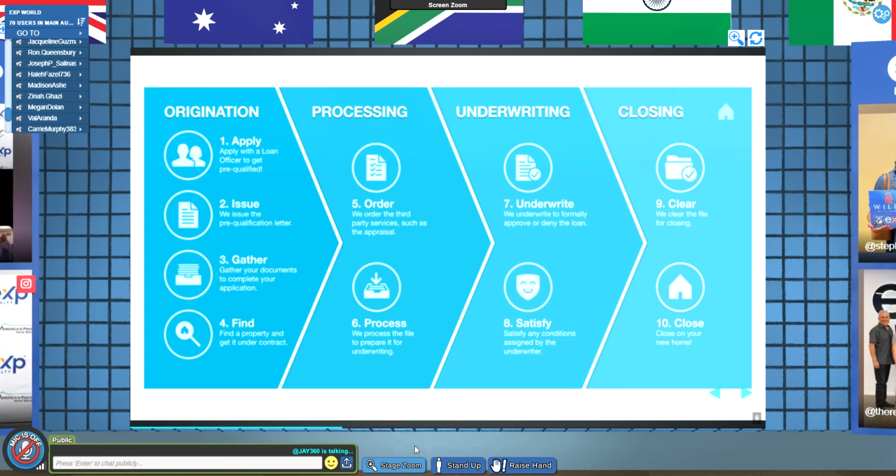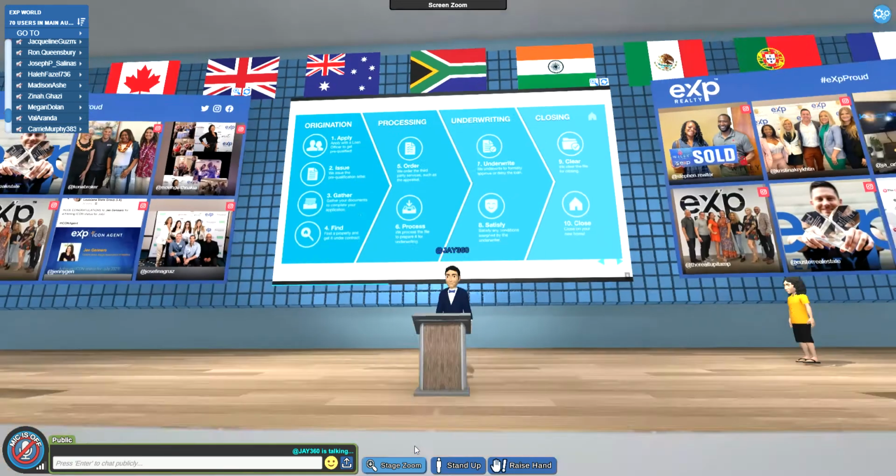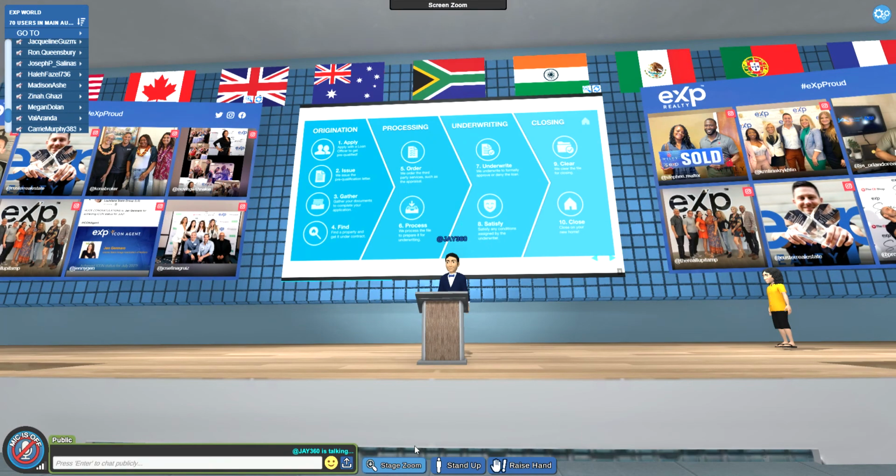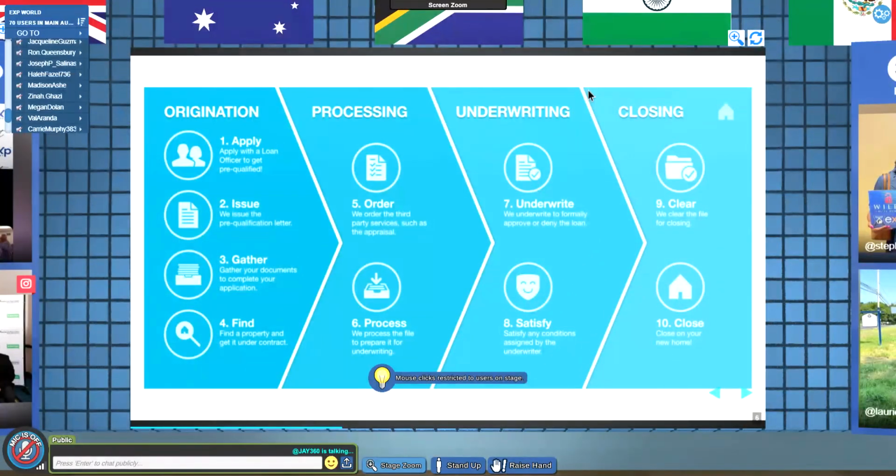Number three, once we issue the pre-qualification, now we skip this step here because keep in mind that the pre-qualification is just running a credit check. So that's why you see number three here, where it says gather your documents, meaning the buyer's documents, bank statements, pay stubs, tax returns, et cetera. Again, those items are usually gathered before a pre-approval.